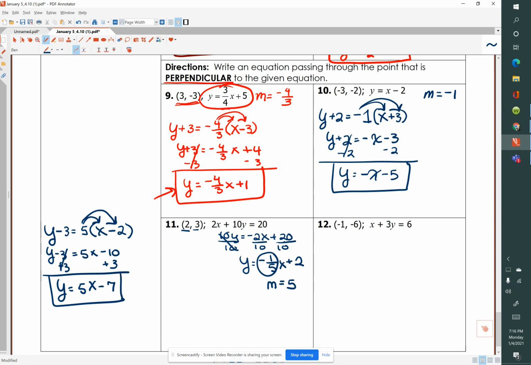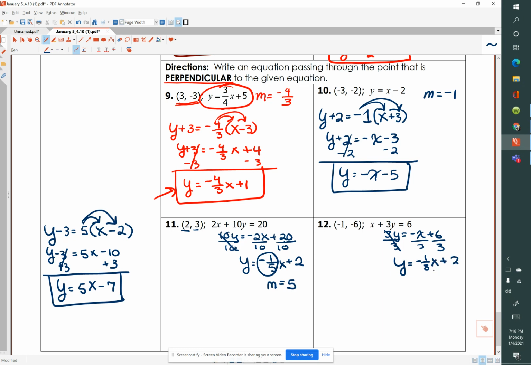And the last problem, we have to move x over, so we'll have 3y equals negative x plus 6. Divide everything by 3, which will give us y equals negative 1/3 x plus 2.